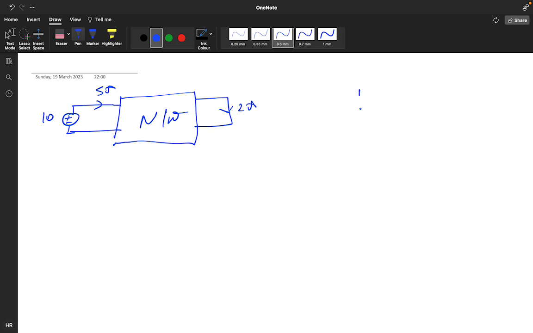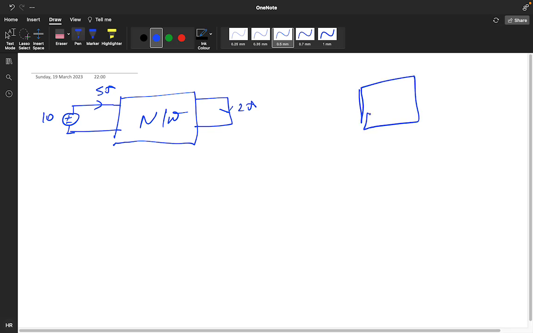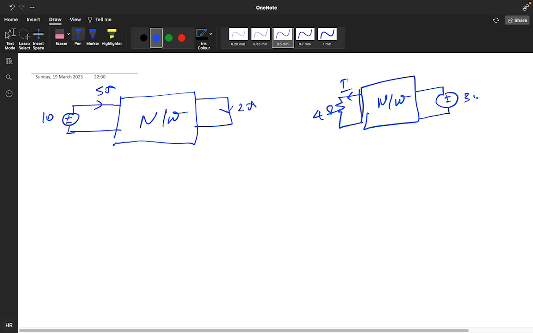And suppose this is your network and you are getting 4 ohm, this is I, and this particular positive negative 30 volt. So you need to find the value of I. How will you find it? First, what will you do?